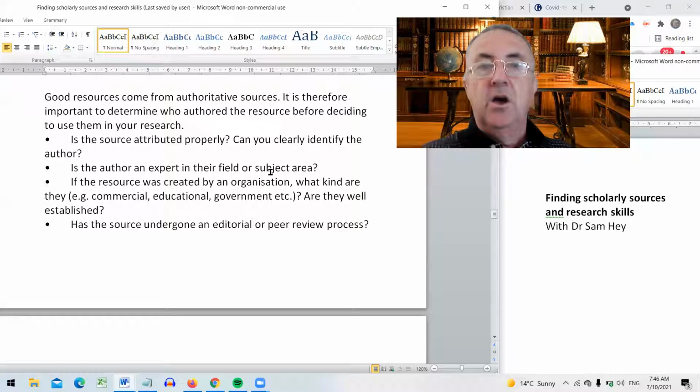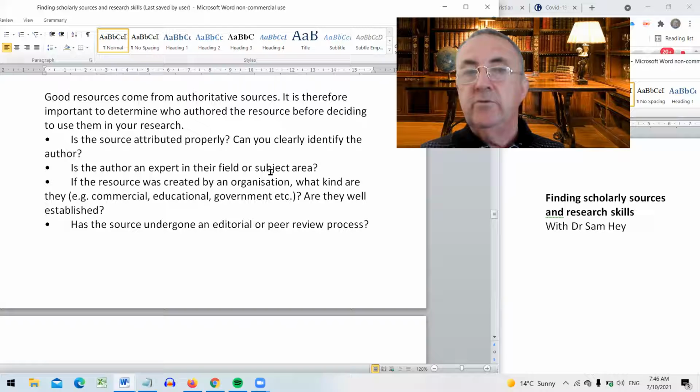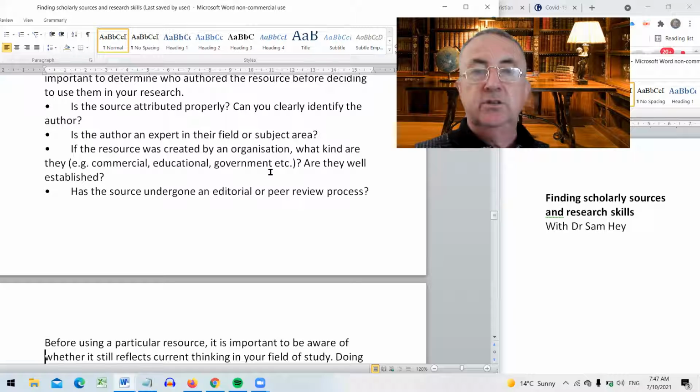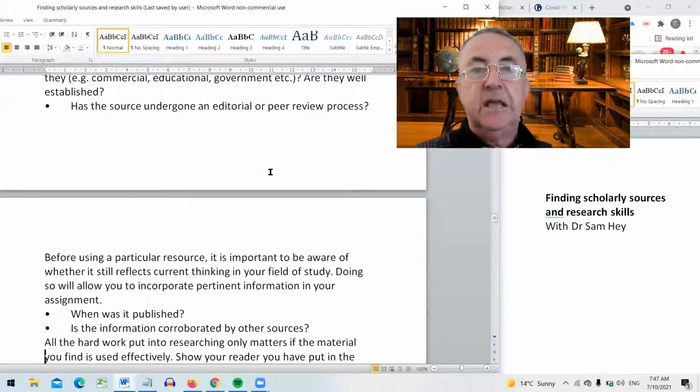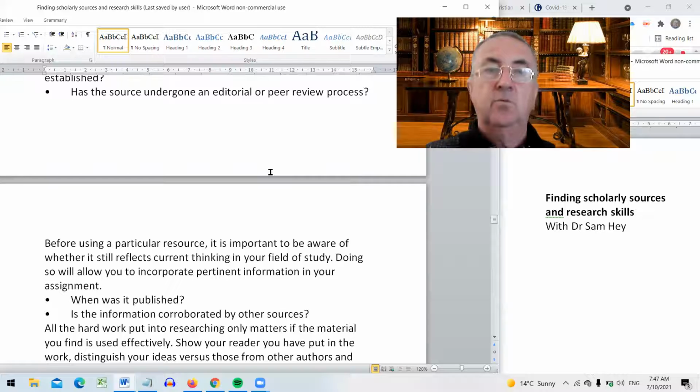Good resources often come from other authoritative sources, and therefore it's important to determine who wrote the resource, what's their background. Is the source attributed properly? Are they experts in the field, and are they belonging to particular organisations or universities or educational organisations, government organisations that are guiding the way they do their work?